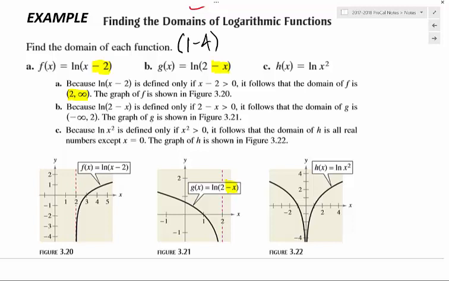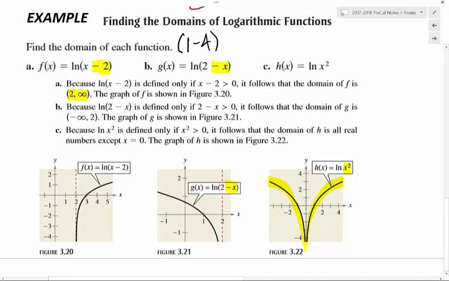And then finally, the natural log of x squared. Well, x squared is defined by x squared being greater than 0. So it must have all real numbers. And this is what's key about this: you may say, well, why do I have this graph and this graph? The reason I can have that is because when I perform the operation of any number squared, it becomes positive.